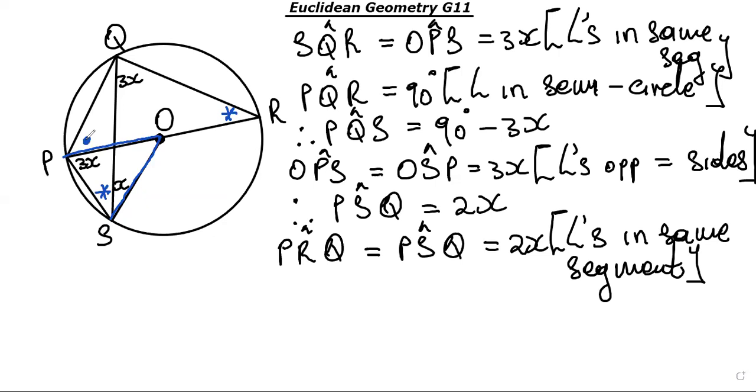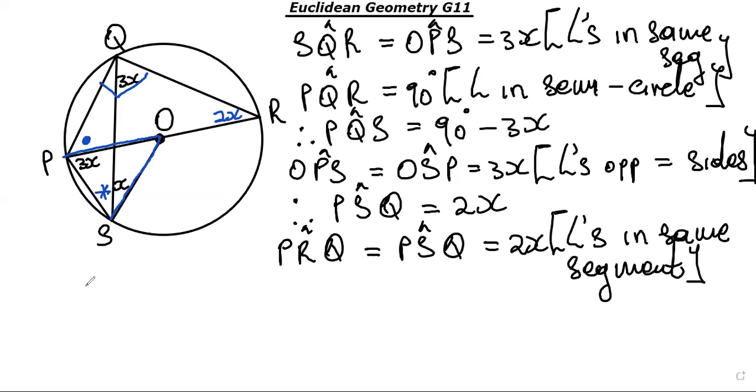For this one, we can simply use the sum of interior angles of a triangle, because we know that the size of this one is 2x and the size of this one is 90 degrees.